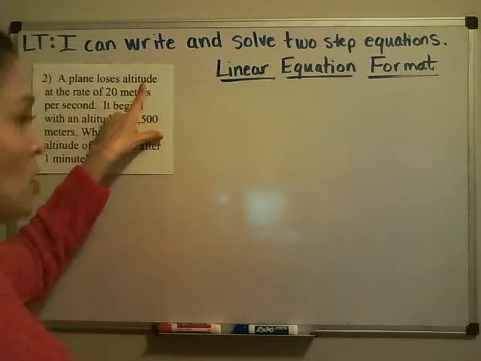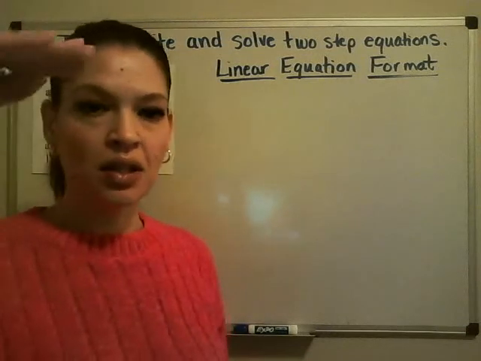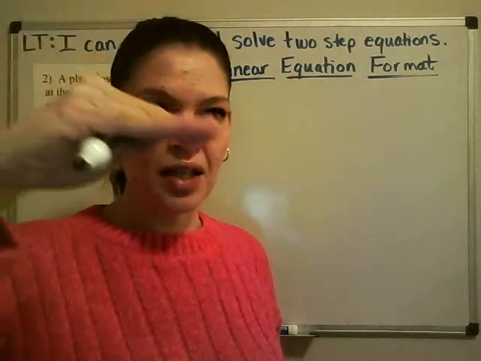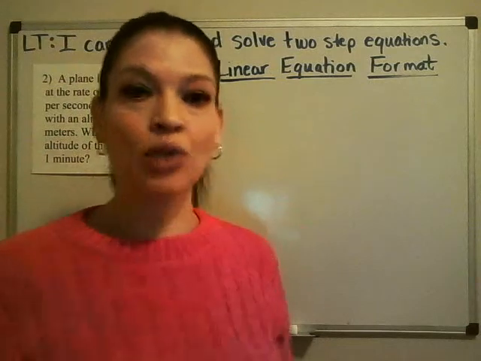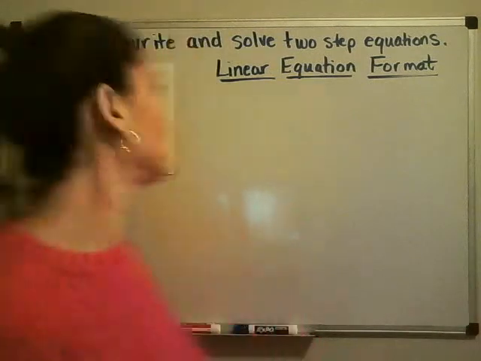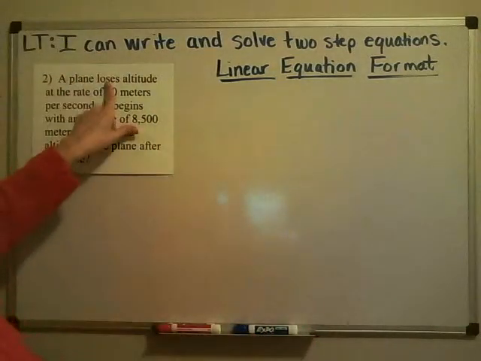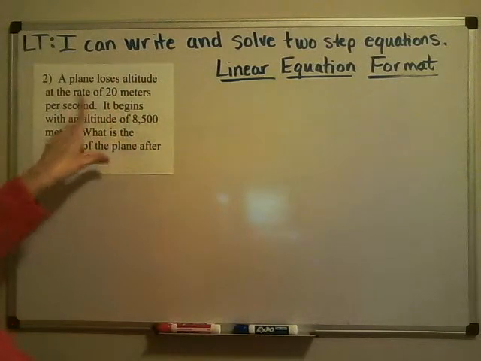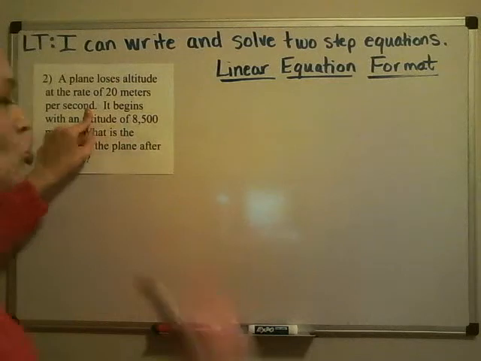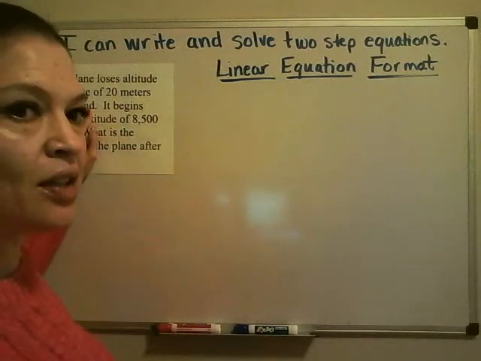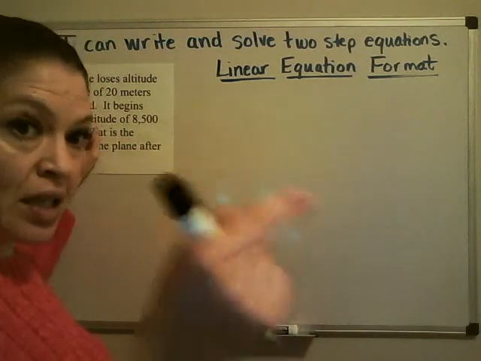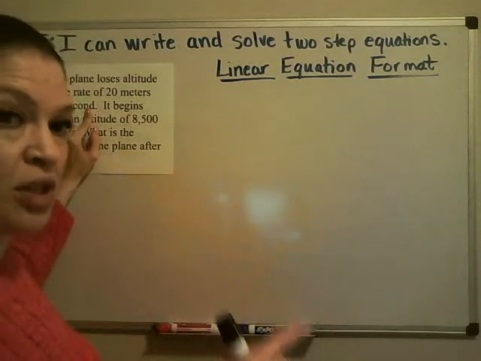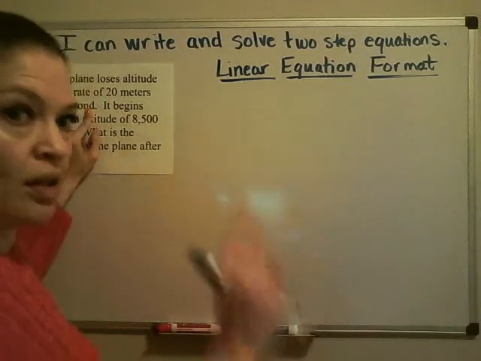If it's losing altitude, that means the plane is descending, it's coming down, like getting ready to land, for example. So what's happening every second? The plane is descending 20 meters every second.